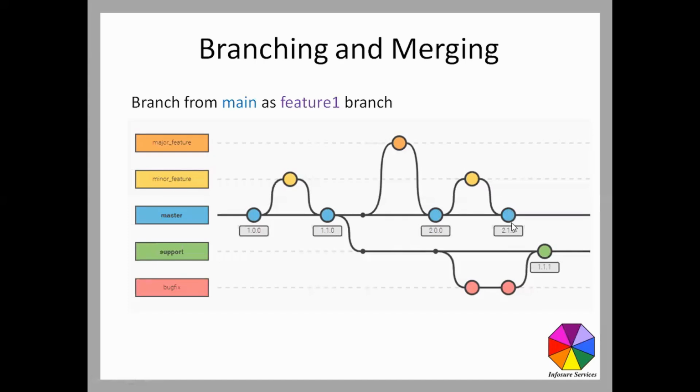So this support team creates a pull request, and then the configuration manager is to merge everything and move it to 2.2. Okay, so this is how it works in reality. Branch from main as a feature one branch or bug fix branch or whatever. Okay, so this is how branching and merging works. Okay, is this clear?